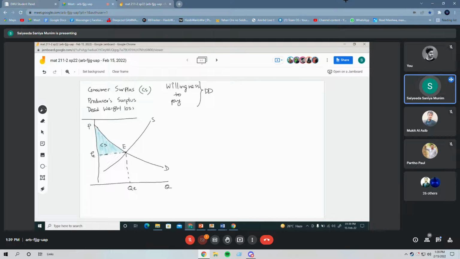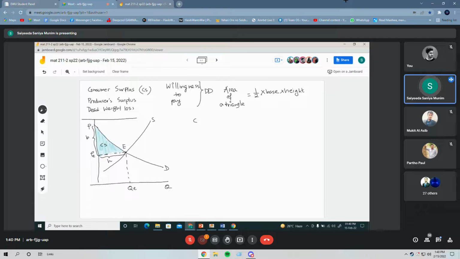Now, if I consider the demand curve as linear, consumer surplus can be found by the area of a triangle. The area of a triangle is half into base into height. This consumer surplus is a triangle. We can consider this as the base and this as the height.